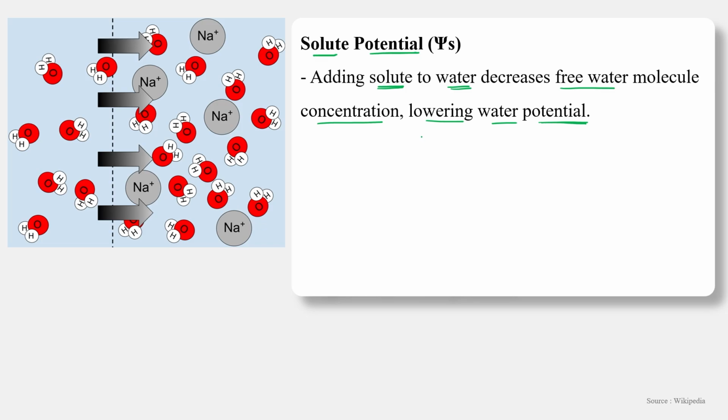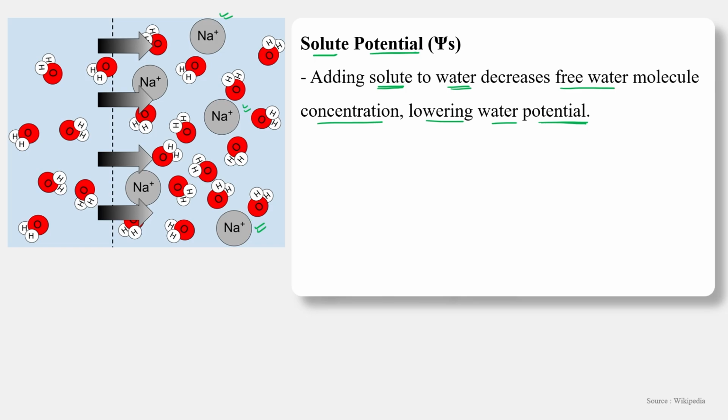As we just discussed, pure water has the highest water potential. Here only water is there, right? So it has the highest water potential. But if we add some kind of solute like sodium over here, it hinders its free movement, its kinetic energy.